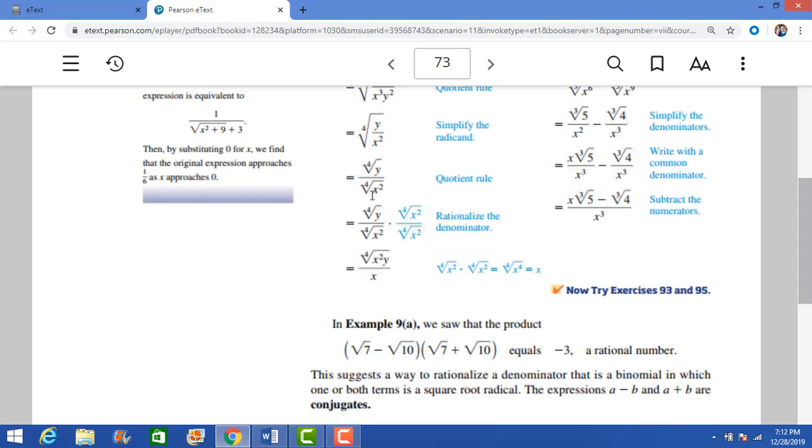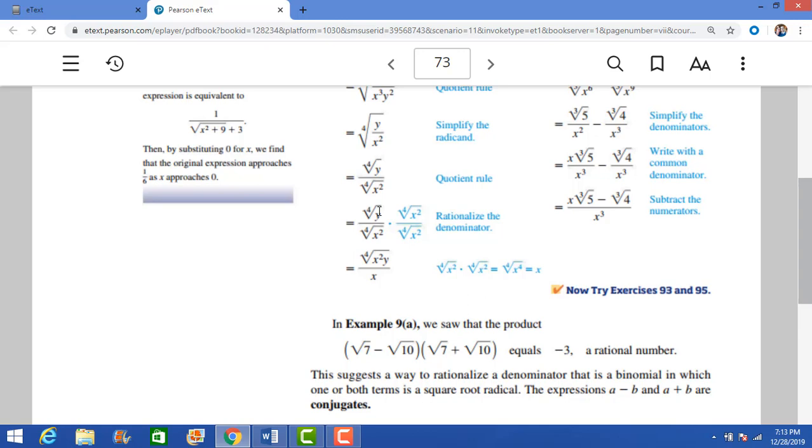And so now, in this case here, we remember, because it's a variable, we can't just simplify this willy-nilly. Okay, so we're going to have to rationalize the denominator to get rid of it. Okay, we can't just write this as x to the 1/2 power.